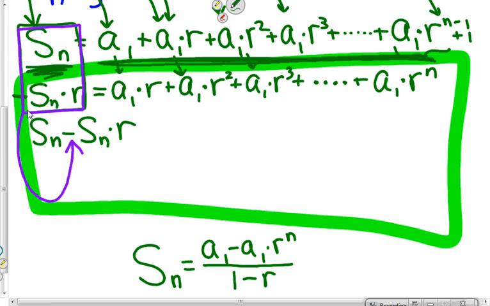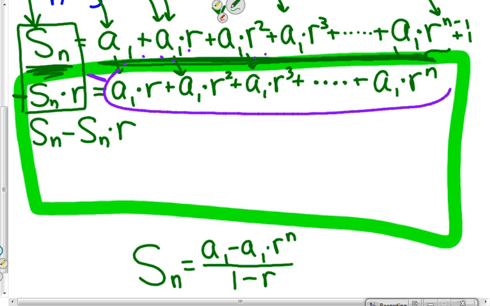Now here's where the magic happens. On the right, I have A1 plus A1R plus blah, blah, blah, minus all of this. So do you see what's going to happen? What would that look like if I have A1 plus A1R minus A1R?